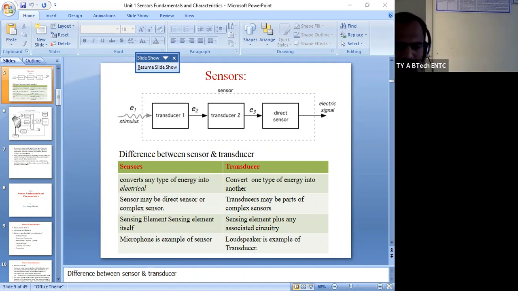Are you getting? We have just discussed the difference between sensor and transducer. All the microcontrollers are able to handle sensing the input of digital quantities, digital parameters, that is in terms of 0, 1 or 0 volt, 5 volt, whatever the range is, low, high.